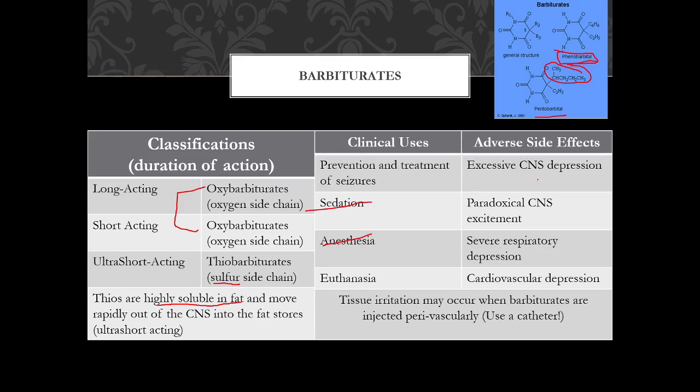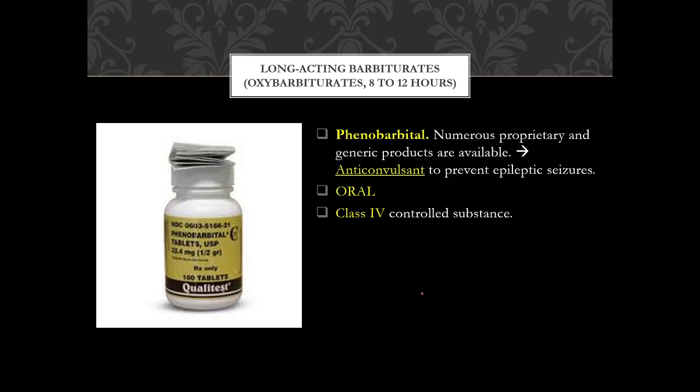It can cause excessive CNS depression, paradoxical CNS excitement, so it can go the other direction depending on the individual, severe respiratory depression, and cardiovascular depression. We also need to be careful about tissue irritation with these thiobarbiturates, so we're going to use a catheter.